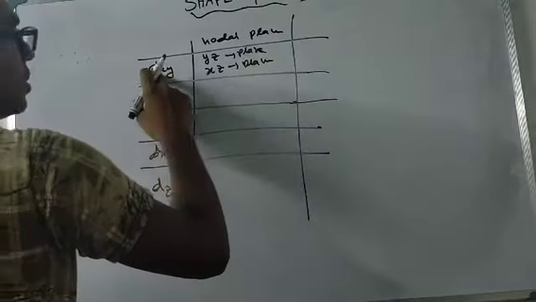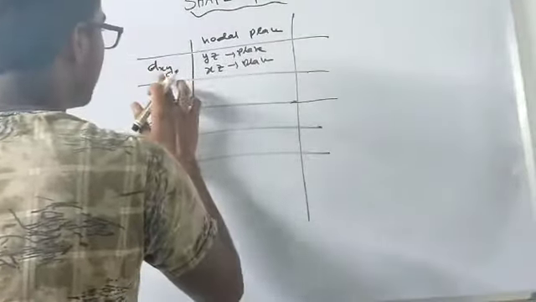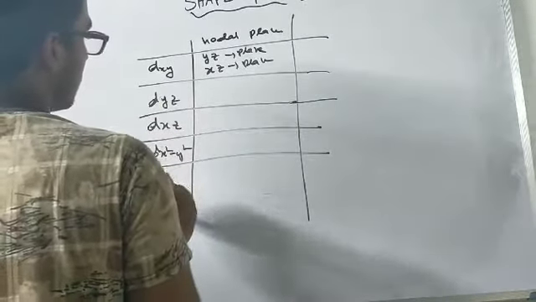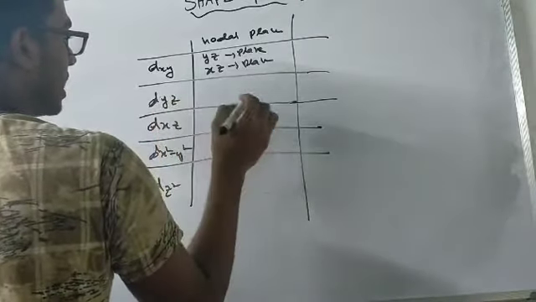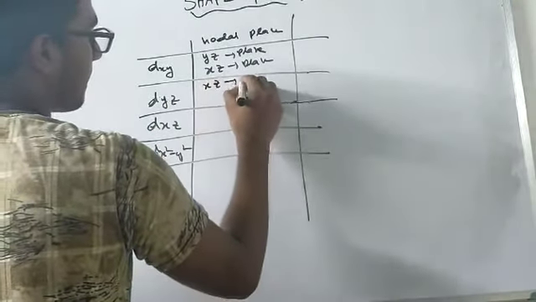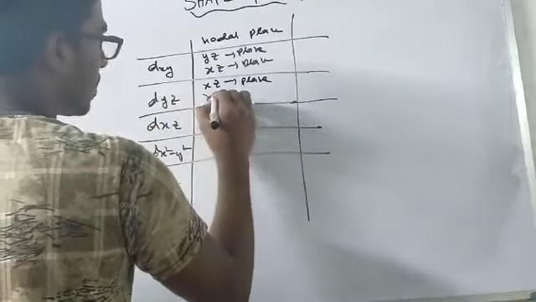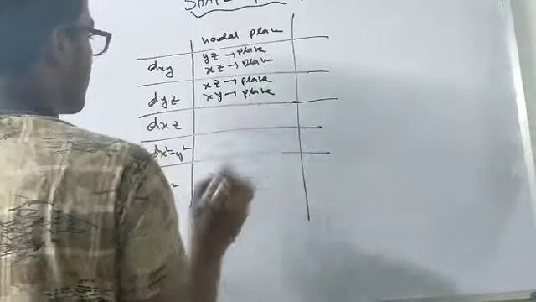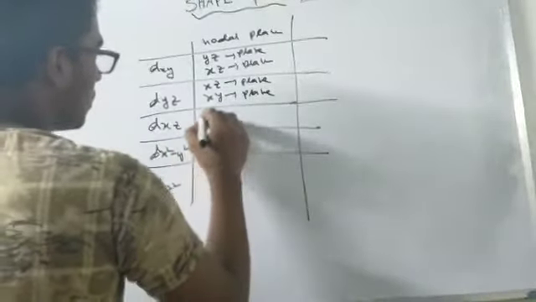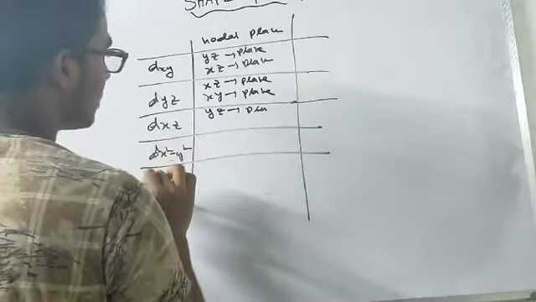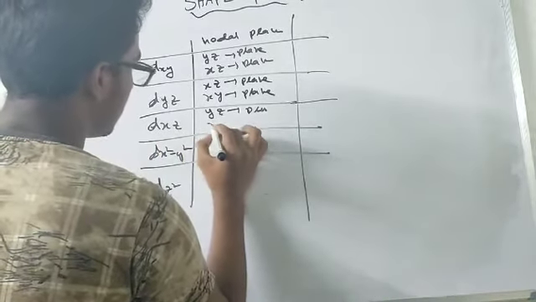For the yz orbital, if y equals to 0, that means this is the xz plane, and if z equals to 0, that means xy plane. And for the xz orbital, x equals to 0 gives the yz plane, and z equals to 0 gives the xy plane.